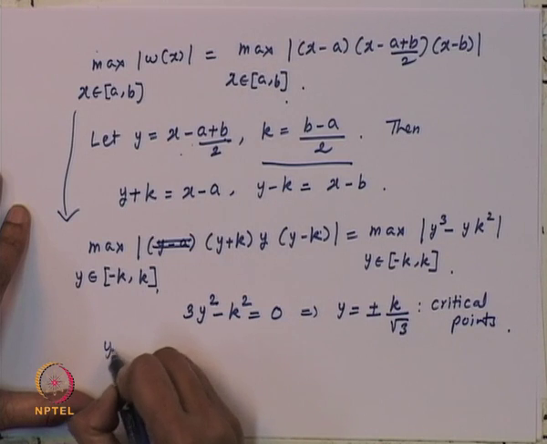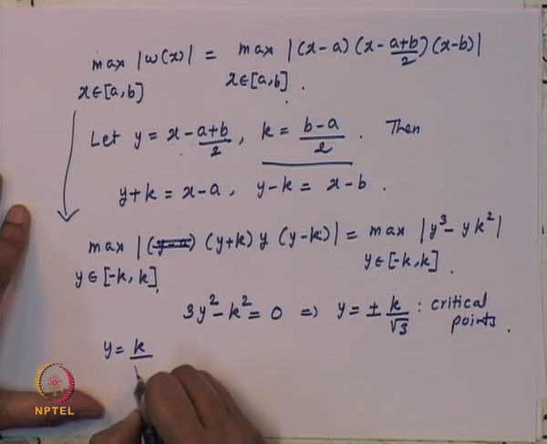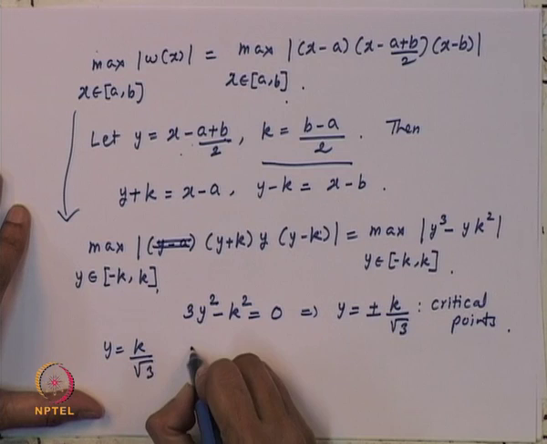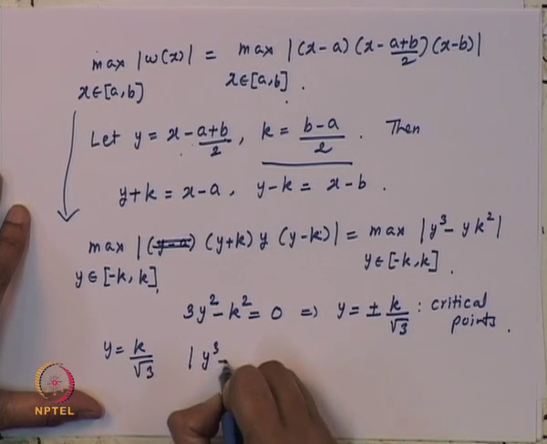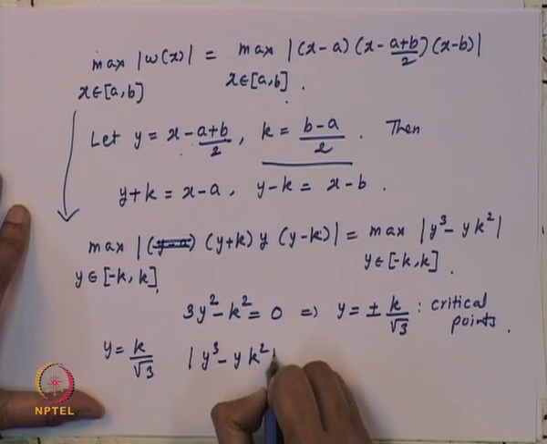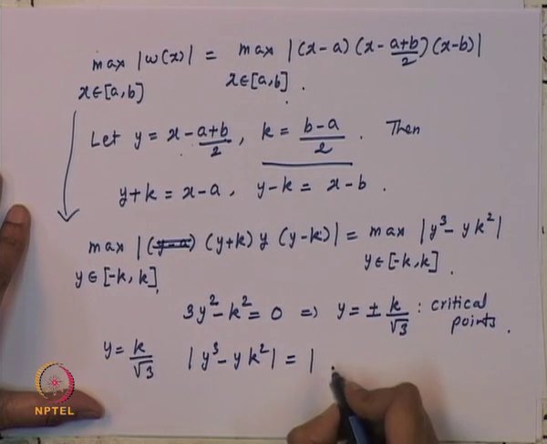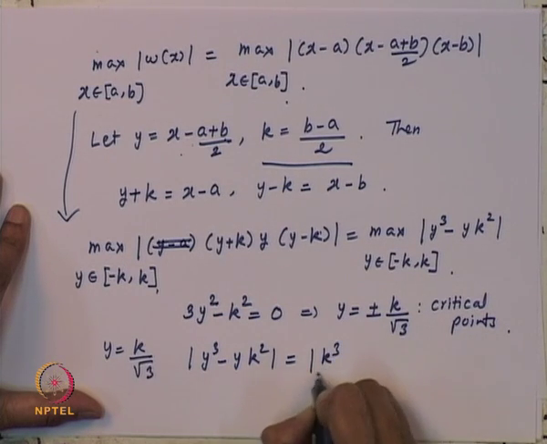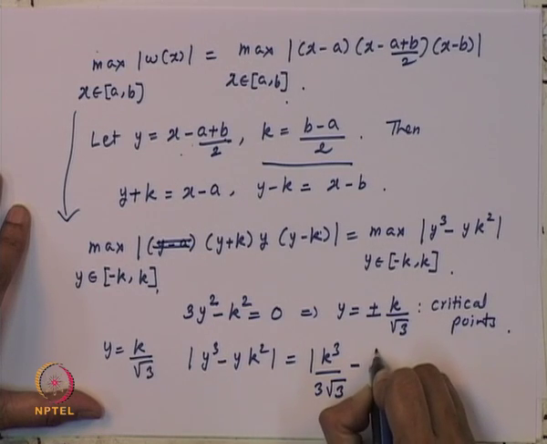When you put y is equal to k by root 3, then modulus of y cube minus y k square is going to be k cube by 3 root 3 minus k cube by root 3.